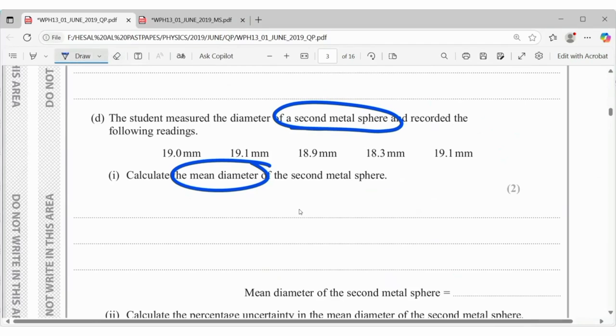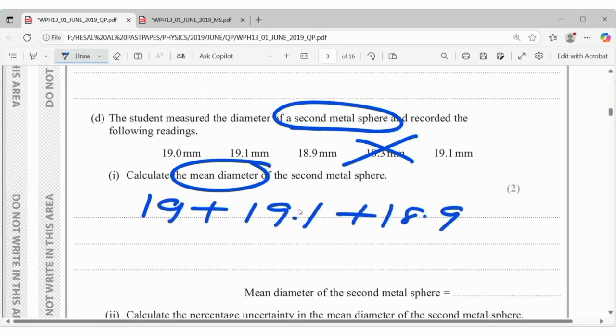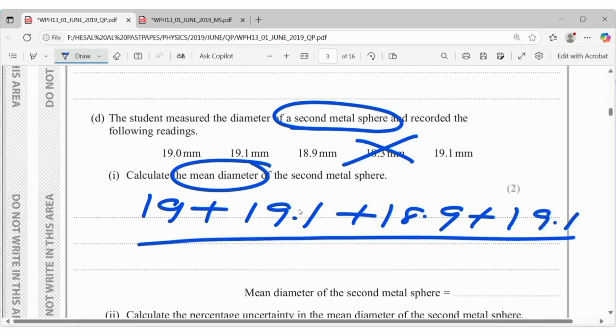No, we cannot. This value is omitted. With that, we get the total of 19, 19.1, 18.9, 19.1. There are 4 values. By dividing by 4, the final answer 19.0 millimeter comes.